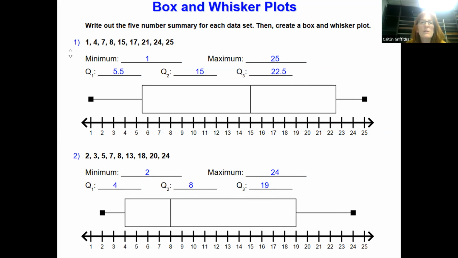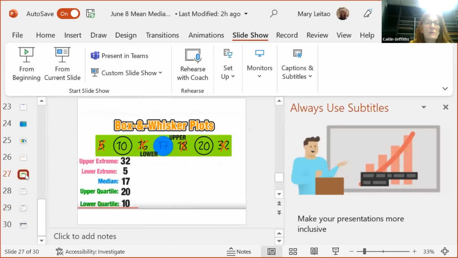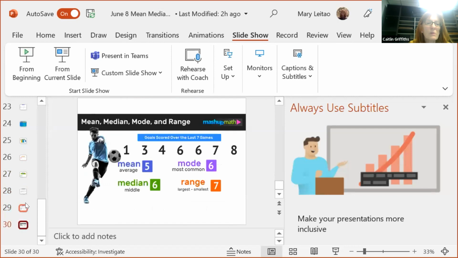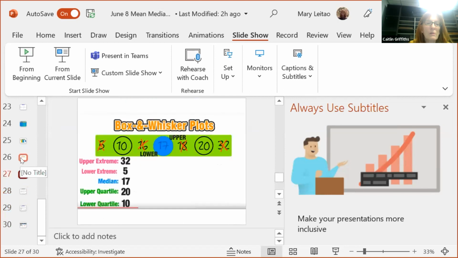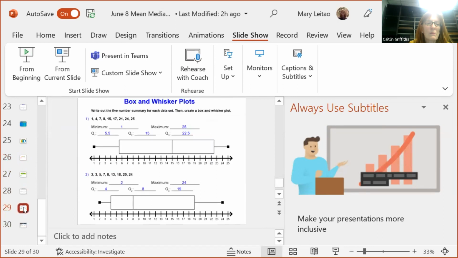Hang on one second. Let's see. I don't know where it is. Okay, that slide disappeared. But I will send that to you as well. Okay, so let me go back.